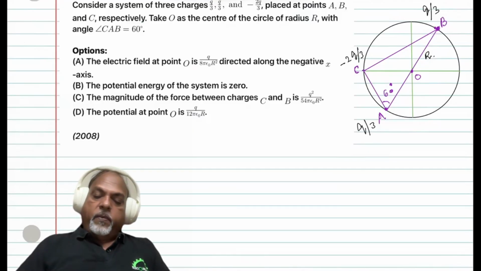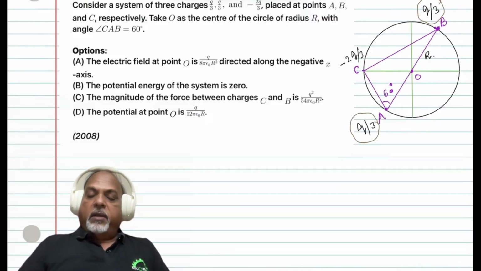Now here you see A and B are of the same magnitude and sign. So due to A and B, the electric field at O will be 0. Correct? So the electric field at O will be only due to the charge at C.